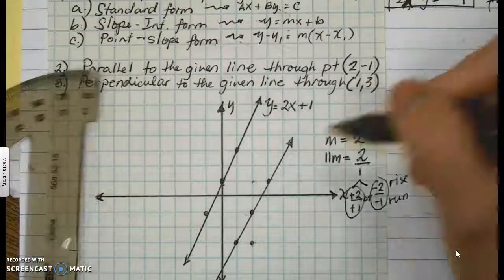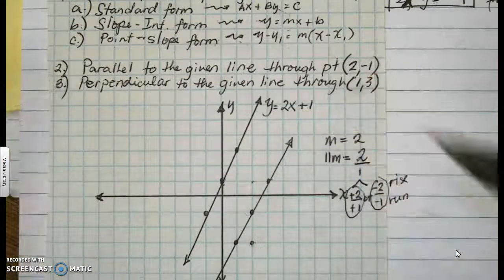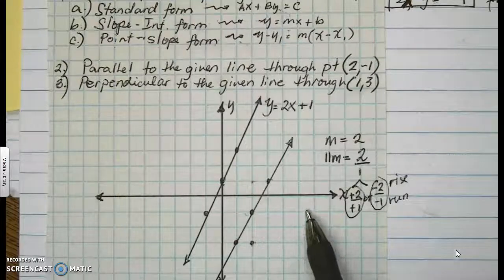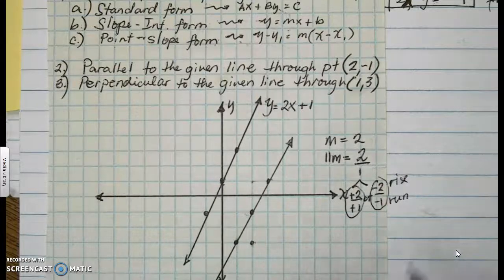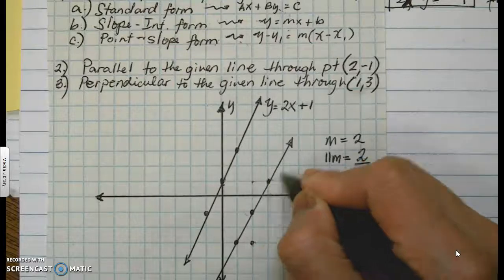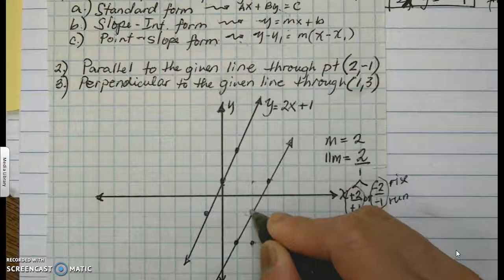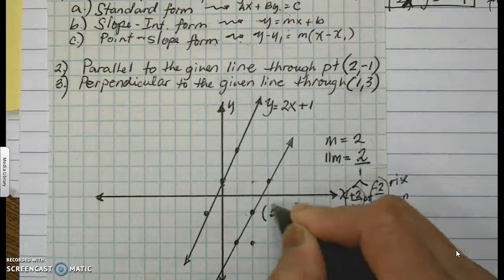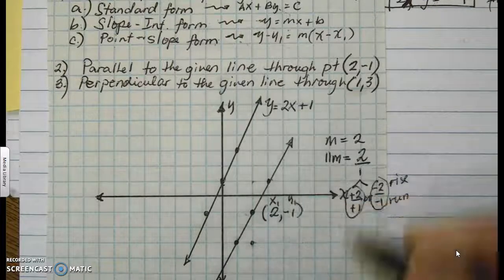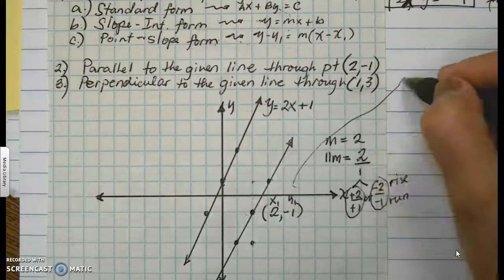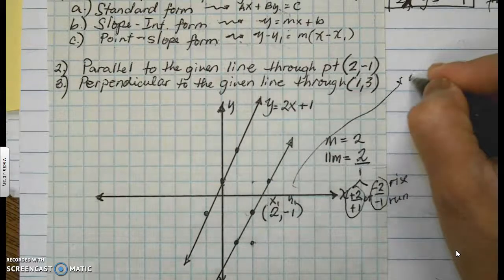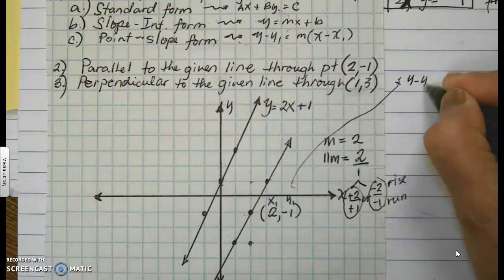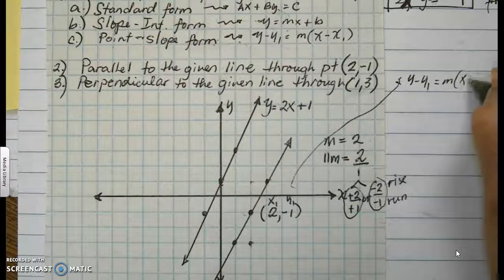I want you to name it as well, or label it. So we're going to use the point slope form for this one. I want to choose this as my given point. So this is my x1, y1. So y minus y1 equals m times x minus x1.